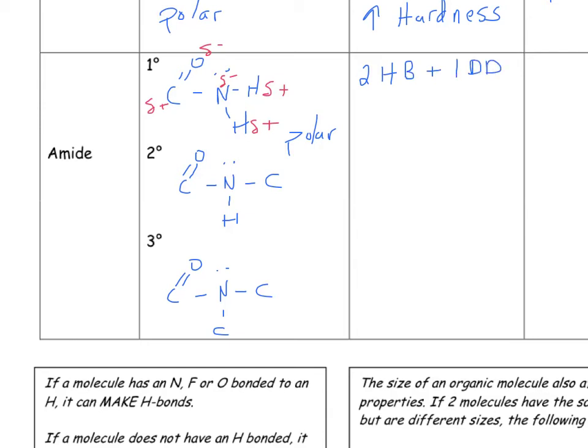A secondary amide can make 1 hydrogen bond and 1 dipole-dipole, and a tertiary amide, because there are no H's directly attached to the O or the N, can only make dipole-dipole twice. All of these forces increase the melting point and the hardness of the compound.